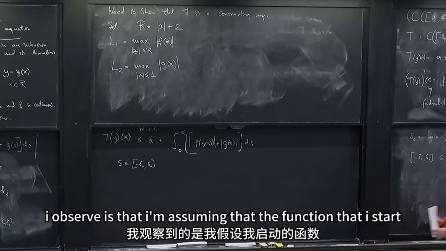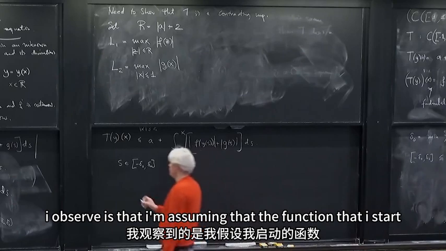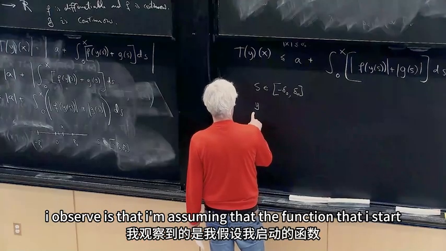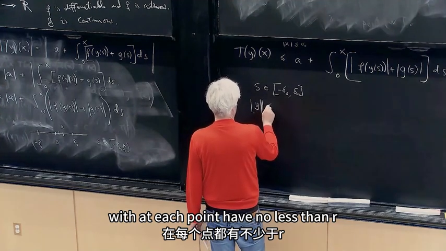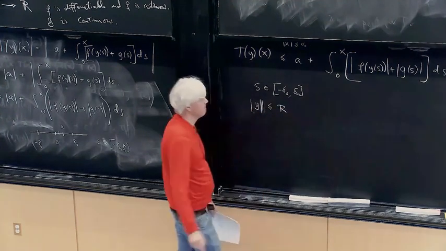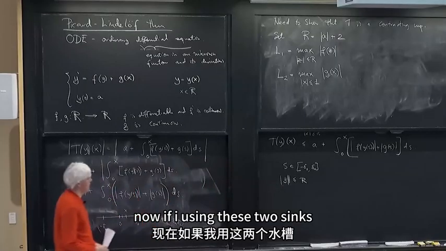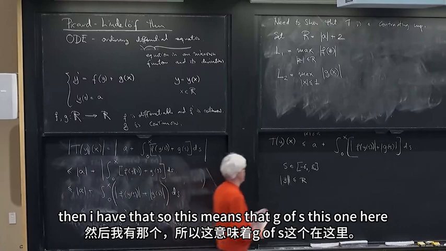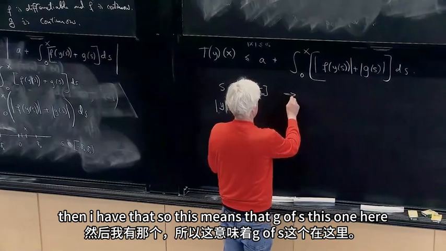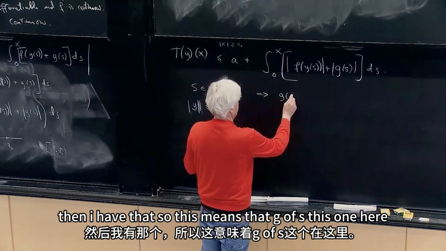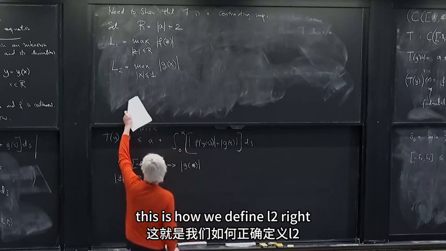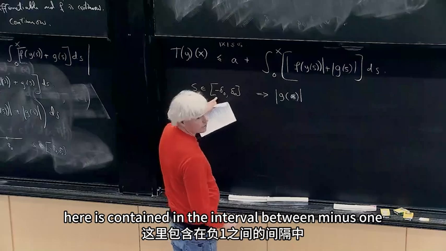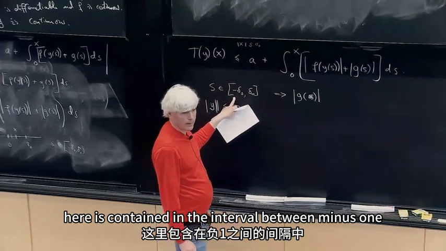The second thing I observe is that I'm assuming that the function that I start with has norm less than r at each point. Now, using these two things, this is how we defined L2, because this interval is contained in the interval between -1 and 1.